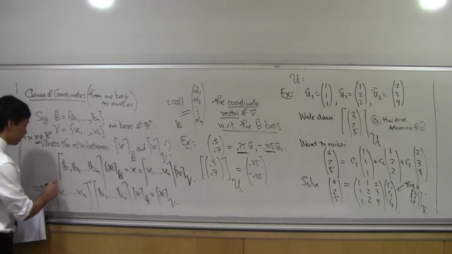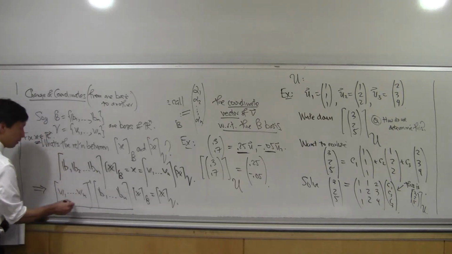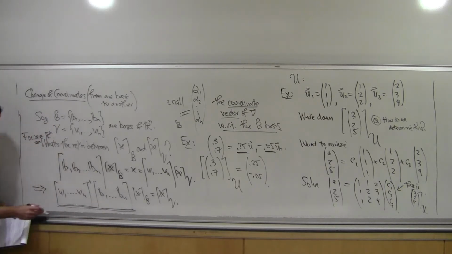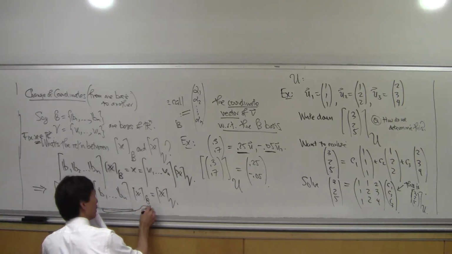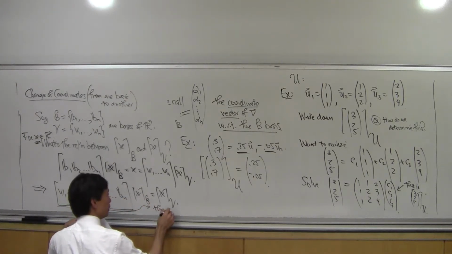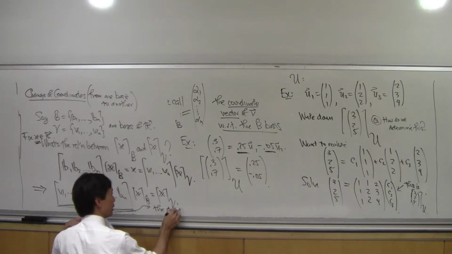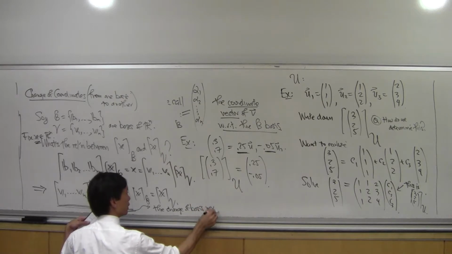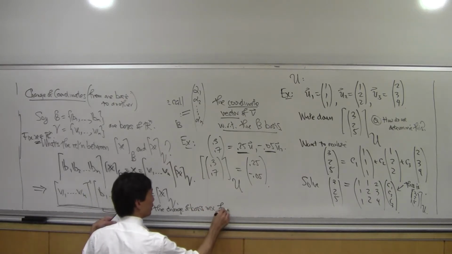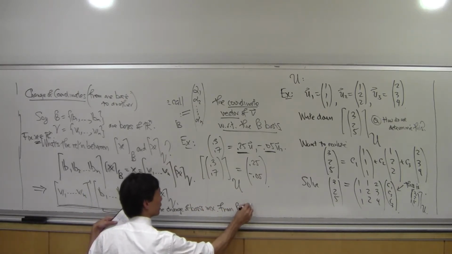This matrix here gets me from one coordinate system to the other. So this is what we call the transition matrix, or actually for now we call it the change of basis matrix from B to V.